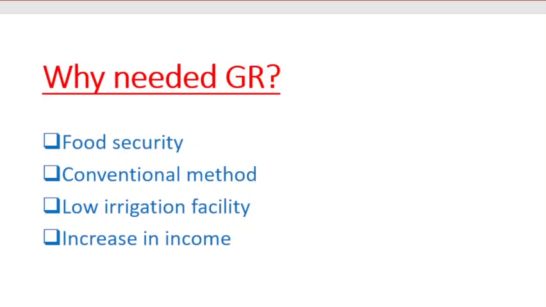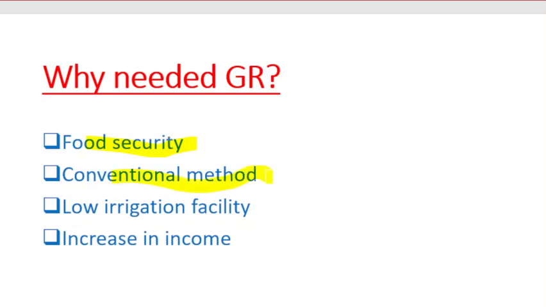So food security is important, so that people should not die of hunger. India must become food self-reliant, that they should have enough food so they can feed their population. So food security is the first point.